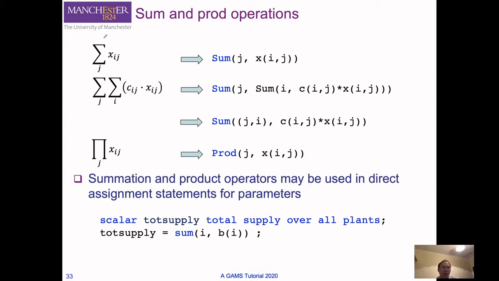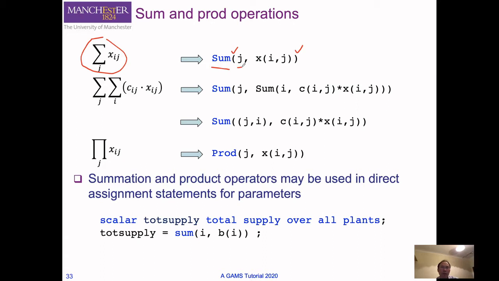If we have summation in an equation, summation j xij for instance, then we can write the SUM, use the keyword for summation and then two brackets.